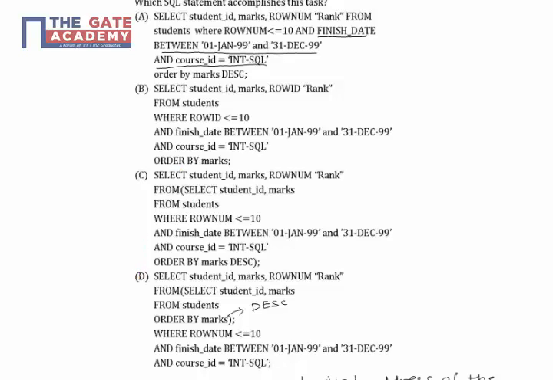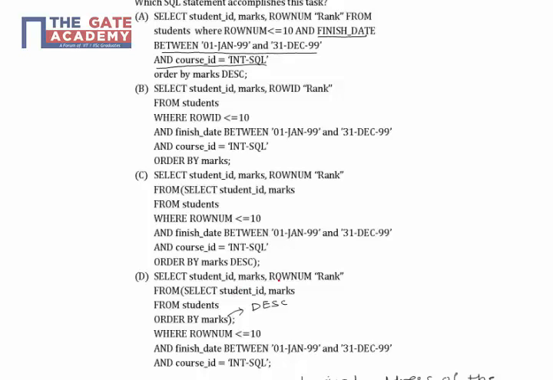So the correct answer to this question is option D, where we select student ID, marks and row number as rank from the result of inner query, which selects the student ID and marks from student table and sorts them in descending order of marks.